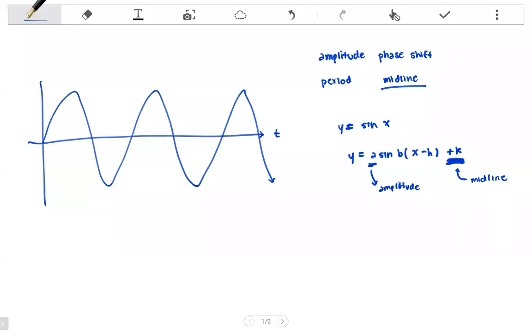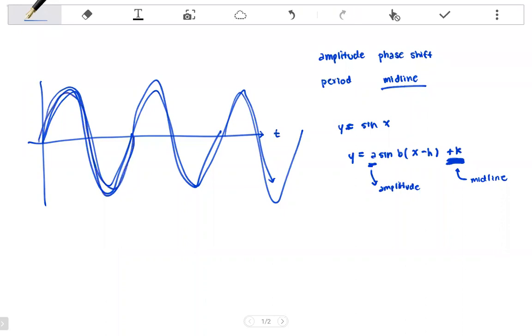Period is basically, if you look at these things, they repeat, right? This line repeats, and then it happens one more time, and then once again and once again. But this shape right here, that repeats forever, just this shape. How long does it take?